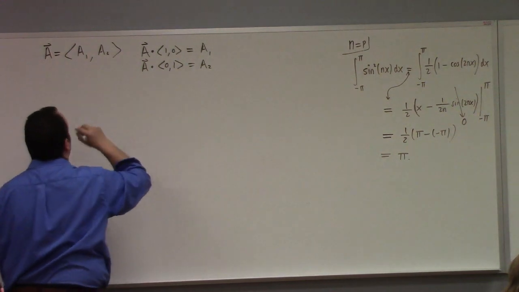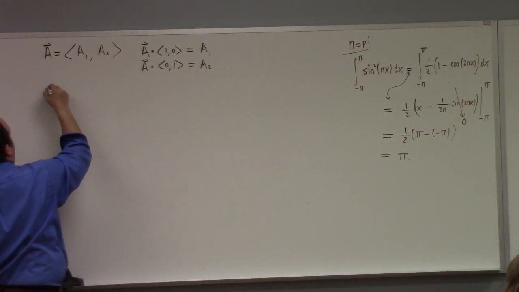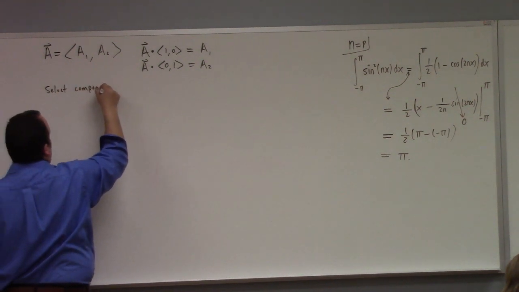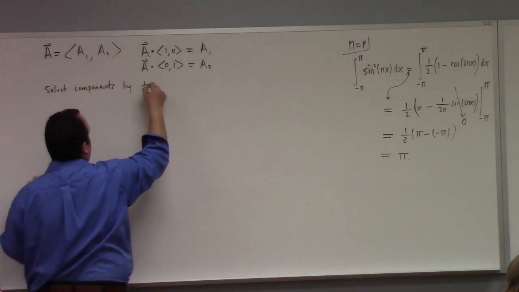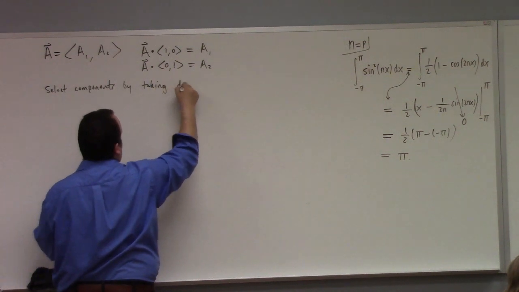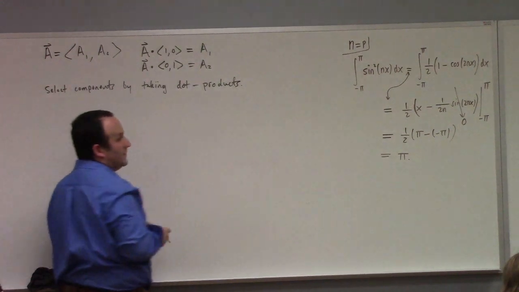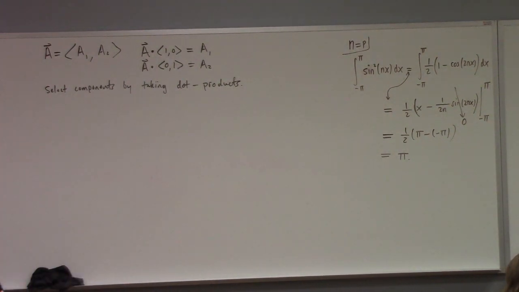So this is a general idea. We can select components by taking dot products. By analogy, we can select Fourier components by taking inner products.